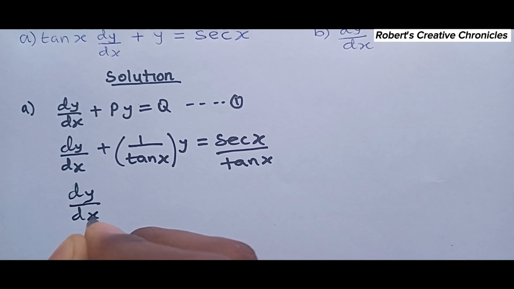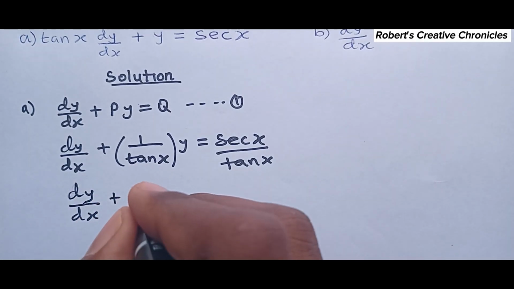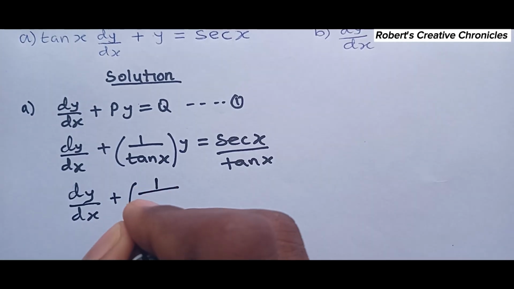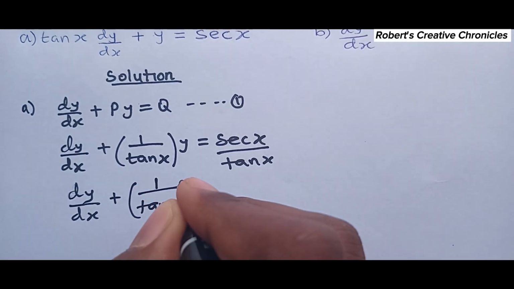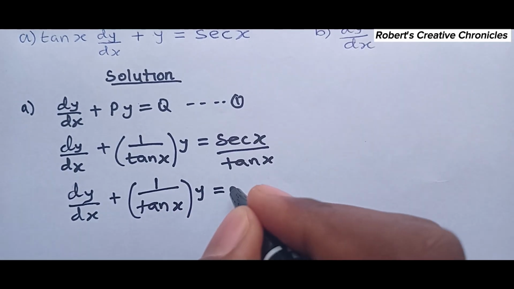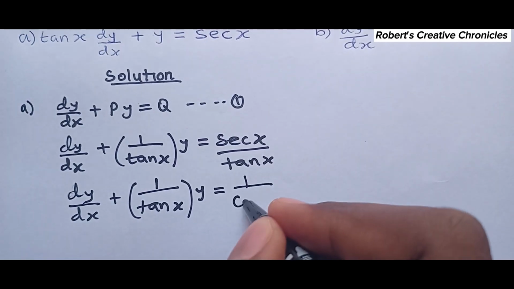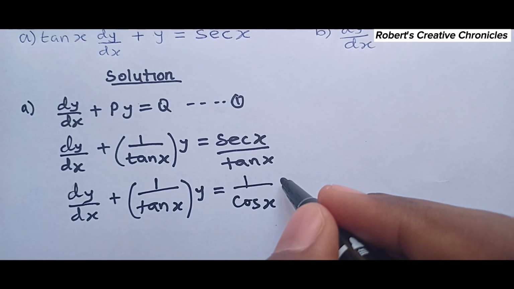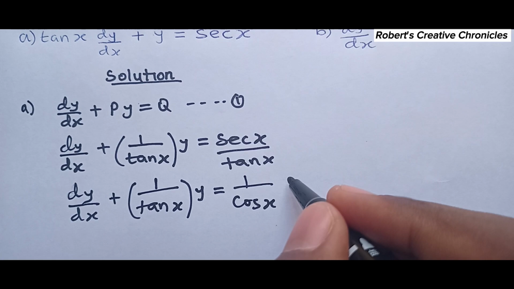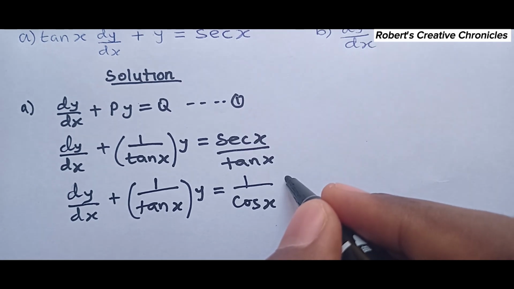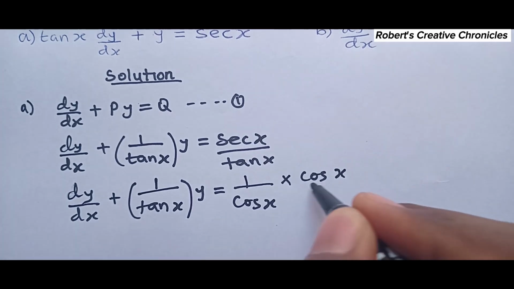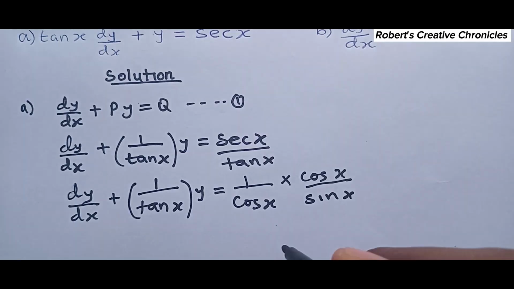dy over dx plus 1 over tan x y equals what? Sec is 1 over cos x, then divided by tan. Tan is sine over cos. So instead of dividing, we'll rearrange it so it will be times cos x over sine x.